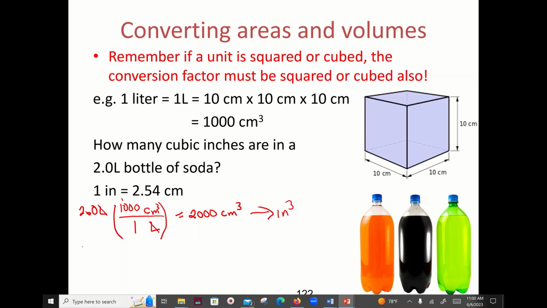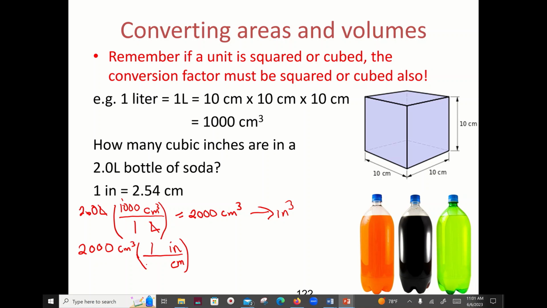All right, so I've got 2,000 centimeters cubed, and I want to go to inches cubed. So I know the conversion factor from centimeters to inches, and I want the centimeters in the denominator to get rid of them, and I want the inches on top because I want to go to inches.